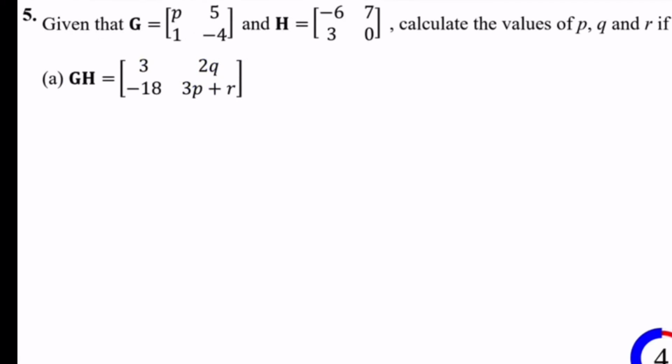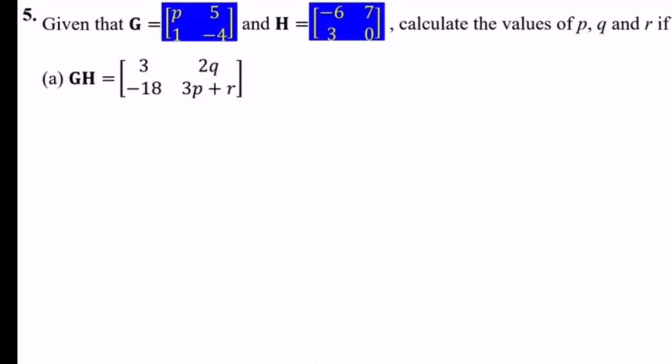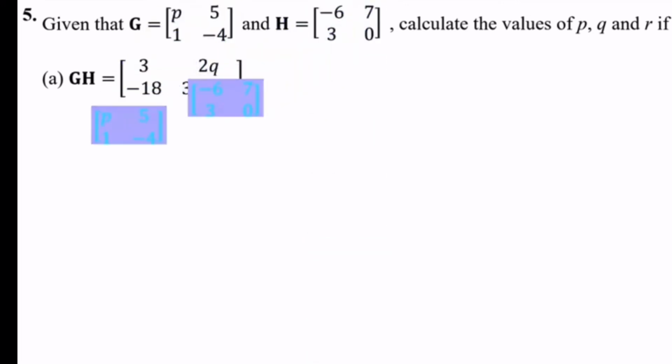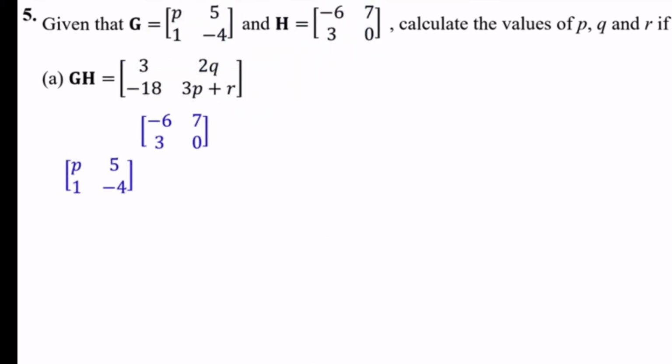We have the g, which is p, 5, 1, negative 4, and then we have the negative 6, 7, and then 3, 0. So we are going to multiply these two matrices and equate to the answer given.